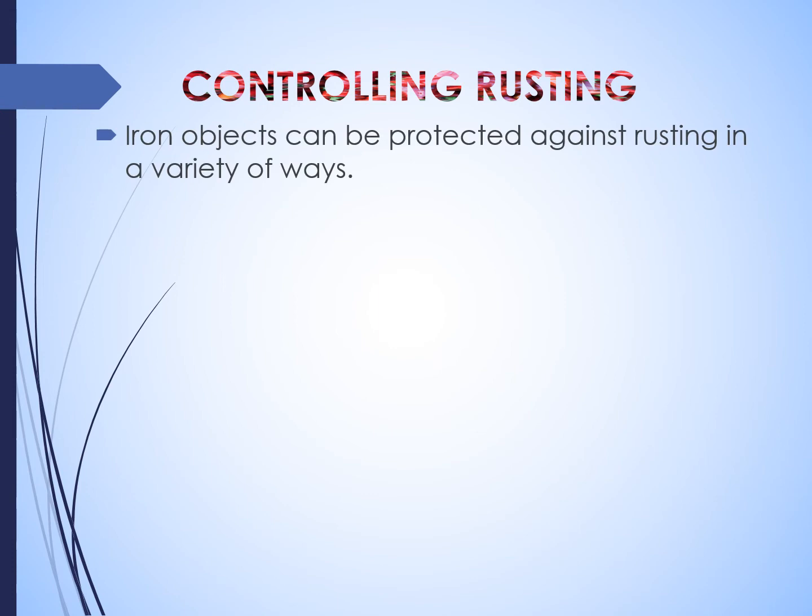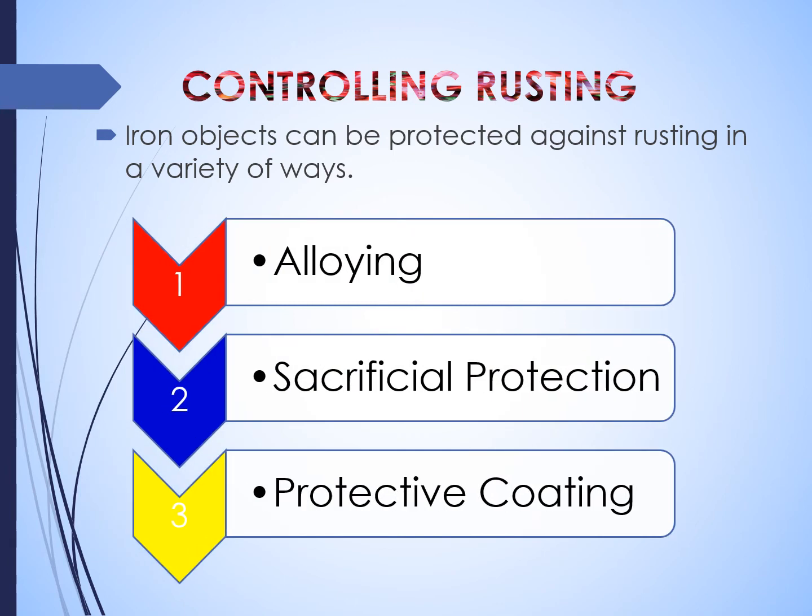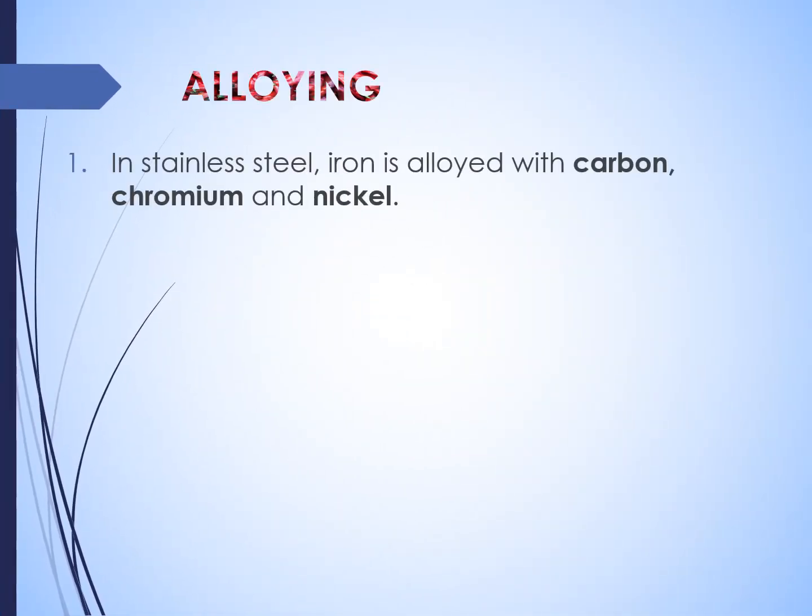So how do we control rusting? Iron objects can be protected against rusting in a variety of ways. There are alloying, sacrificial protection, and protective coating. Alloying. In stainless steel, iron is alloyed with carbon, chromium, and nickel.